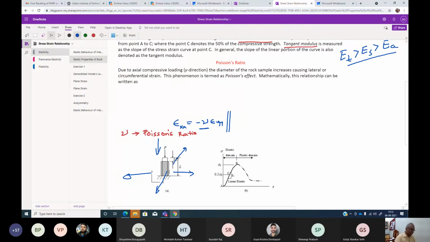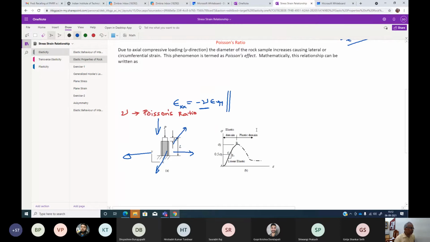So basically, epsilon xx and epsilon yy, their signs will be just opposite. And since mu is a material property, it has to be positive. So we have to use a negative sign there, just because of that. Okay.